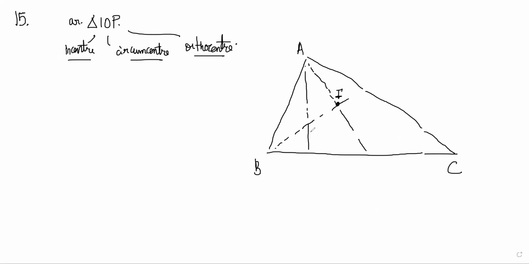Orthocenter would be somewhere here. This is my P. And we need the circumcenter. Circumcenter would be somewhere like this. Let's say this is my O, right? IOP triangle, something like this.